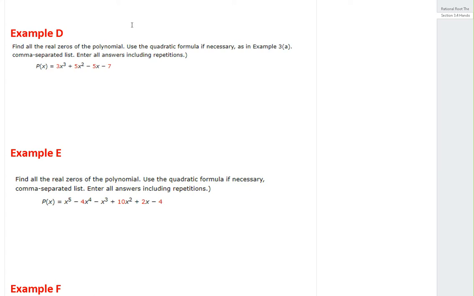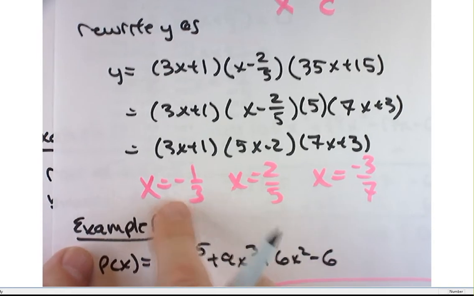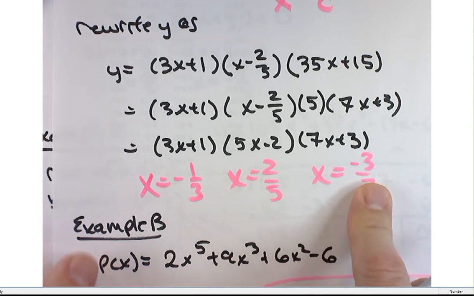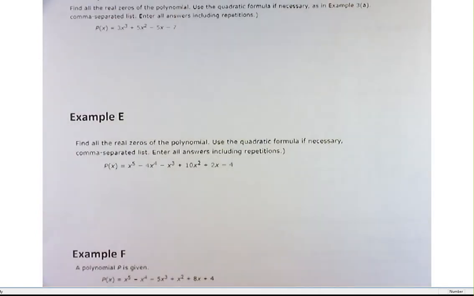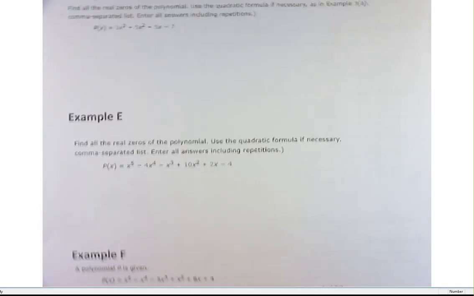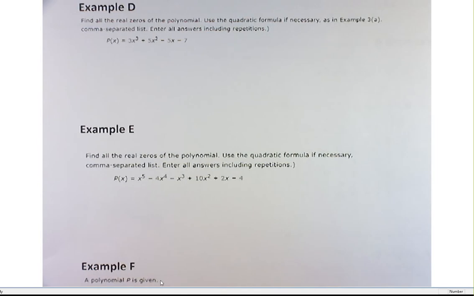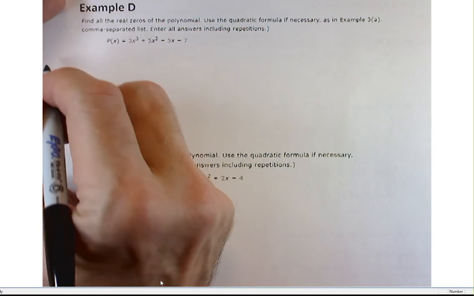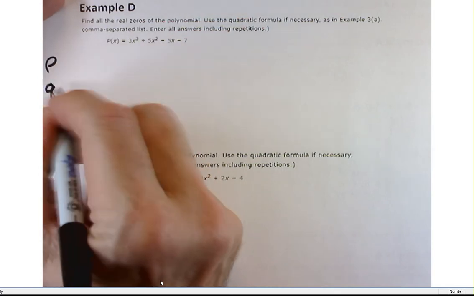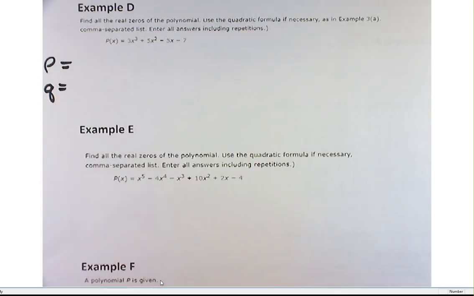Finding all of the zeros is what we did in example A, where we actually found them, not just list them, not just factor them, but we actually found each of those values. So let's see if we can do the same thing with example D. Start by figuring out what the rational root theorem says. What's the P? What's the Q? Find all the different possibilities of plus or minus P over Q.